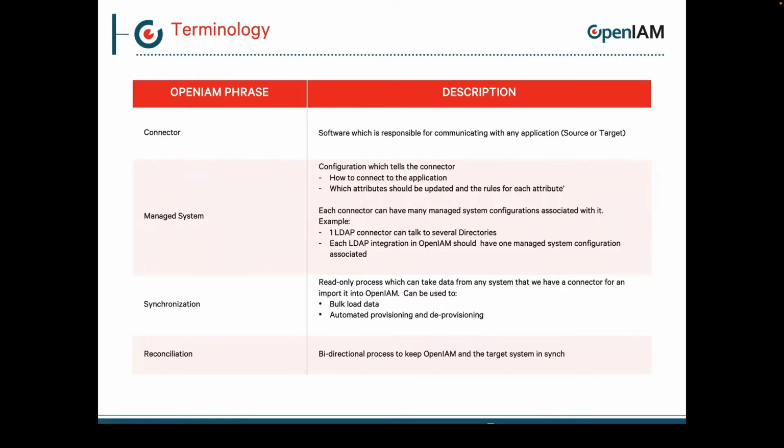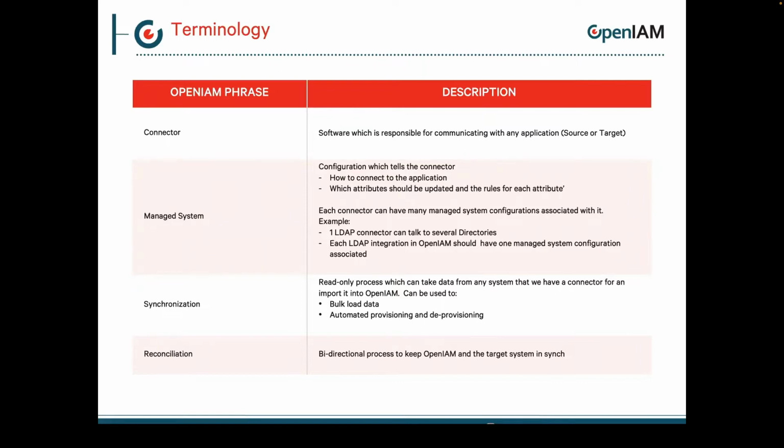Synchronization is a one-way process. And I draw that distinction because we have another process called reconciliation, which we use to compare 2 systems together. It's basically matching data in 2 systems, detecting where there are differences, and then taking some action.